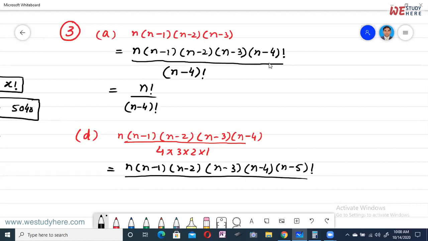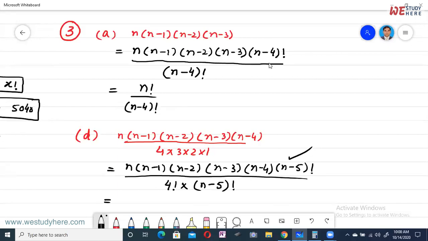This 4 into 3 into 2 into 1 is 4 factorial. As this n minus 5 factorial was not available there, we have to divide by n minus 5 factorial as well.